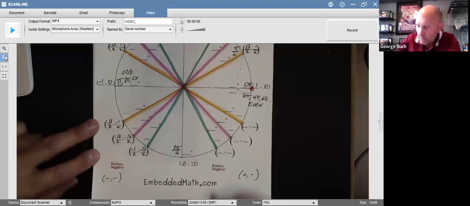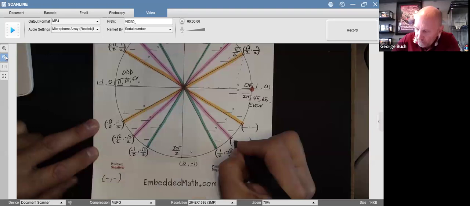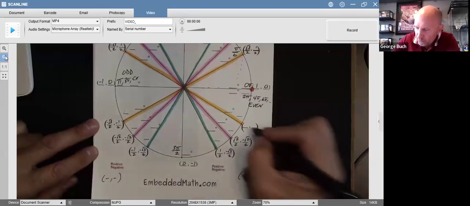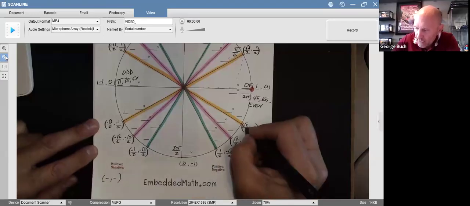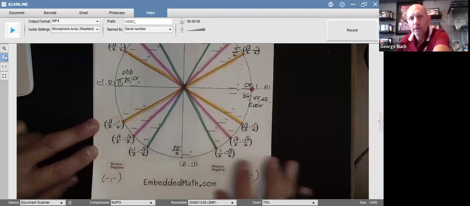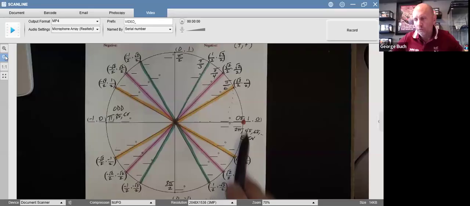And down here, x is positive, y is negative. So positive half, negative root 3 over 2. Positive root 2 over 2, negative root 2 over 2. And positive root 3 over 2, negative 1/2. So we have all the values now around the unit circle.